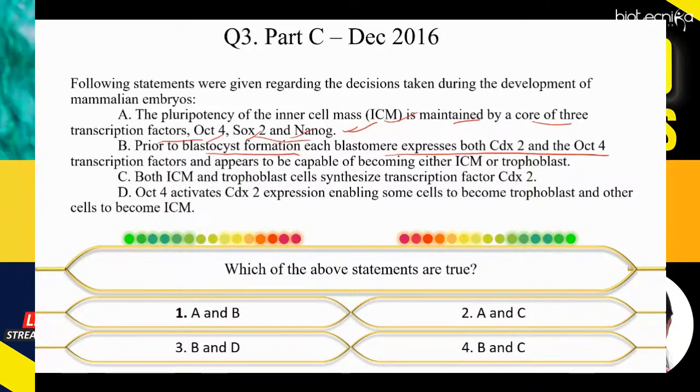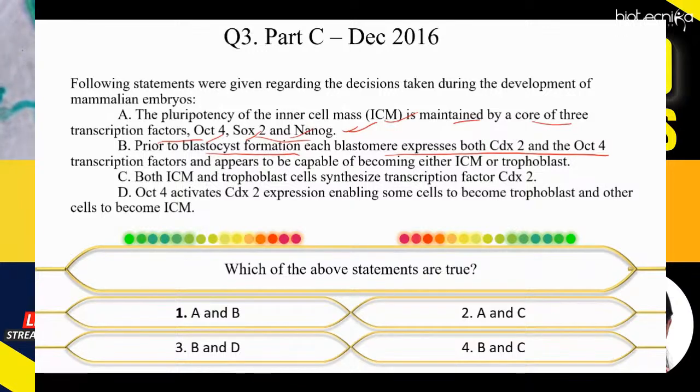So every blastomere, all cells, will express CDX2 and OCT4, and appears to be capable of making either ICM or trophoblast. But some cells have this apical domain. They can only become trophoblast in the cells where apical domain markers are present. That's why those cells become trophoblasts and start expressing CDX2.